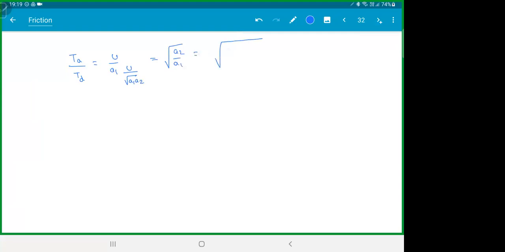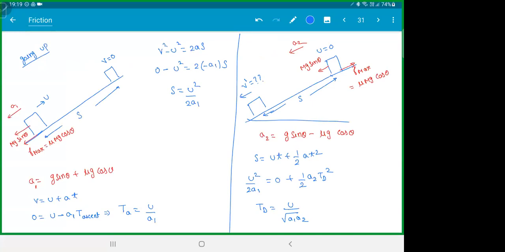So a2 by a1 will be g sin theta, g gets cancelled, sin theta minus mu cos theta by sin theta plus mu cos theta. Please check the steps. You need to find s also, because without that second part, you won't understand what to do, because you don't know the final speed. Whatever distance you go up, the same distance you have to come down.